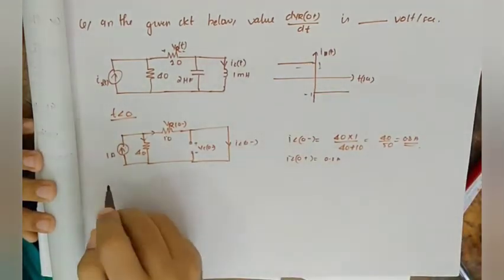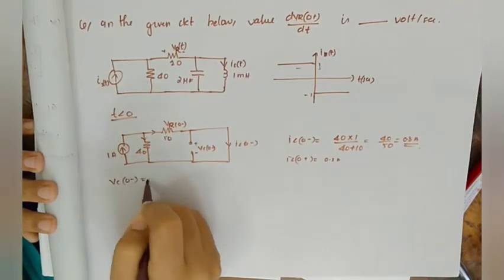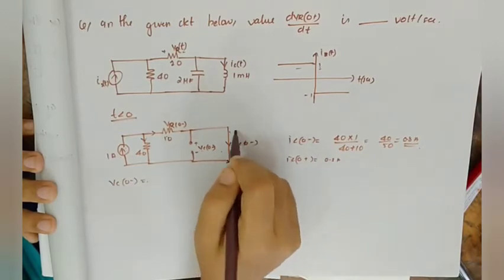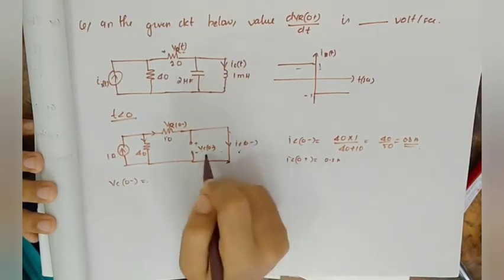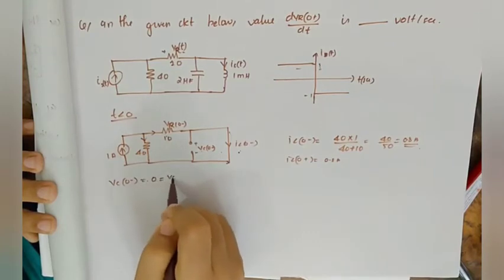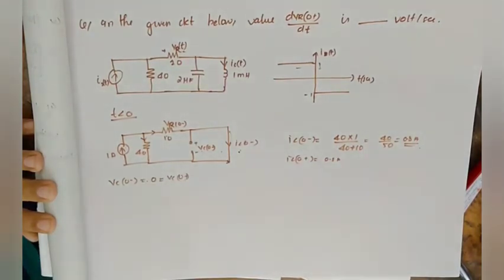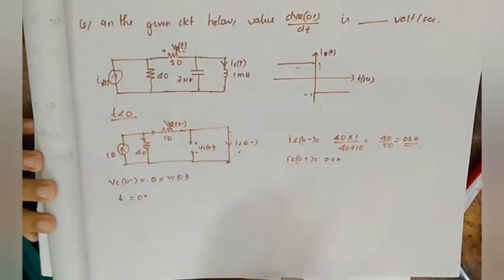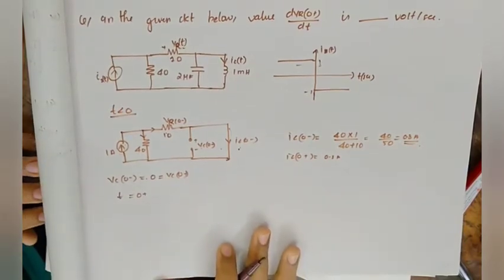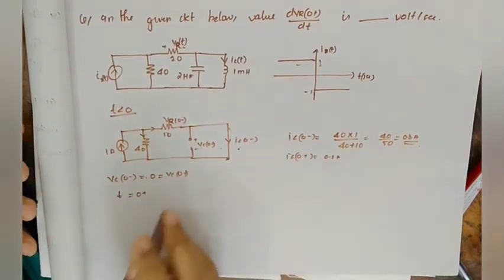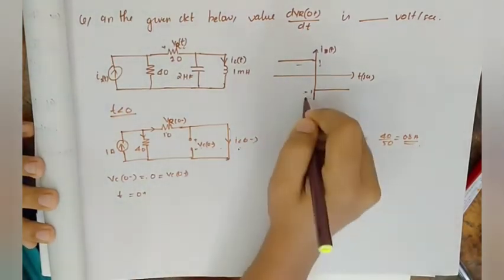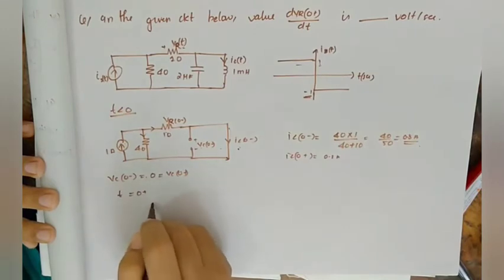Okay, and now what is the Vc of 0 minus? It is parallel to a short circuited terminal. So for the short circuited terminal, the voltage is equal to 0. So Vc of 0 minus is equal to 0, as well as Vc of 0 plus will be equal to 0 as well. Okay, now let's see for t is equal to 0 plus, just after time t is equal to 0. That time current will be equal to minus 1 ampere.